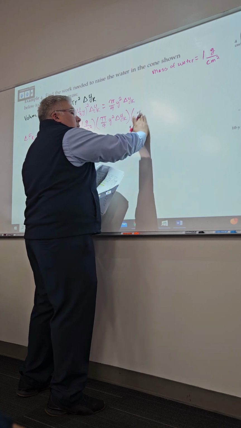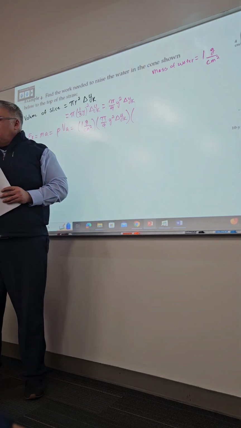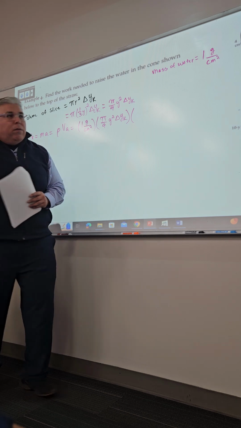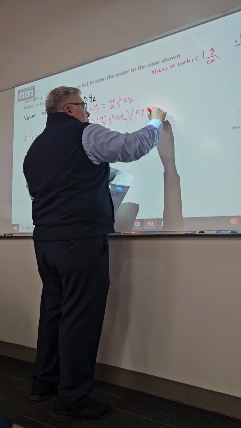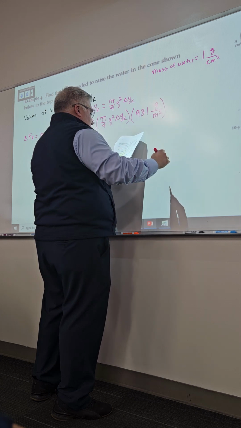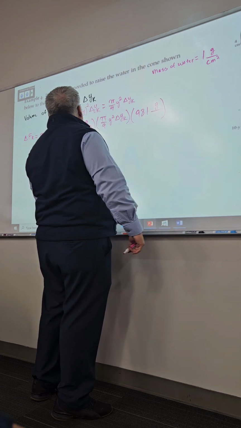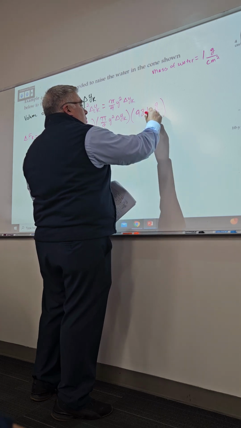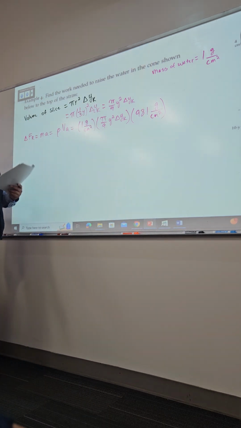No, because it's kilograms, so we've got to change to grams. The way you change it from kilograms to grams, just move the decimal place over. It's going to be 981 grams per centimeters squared. That's just gravity.